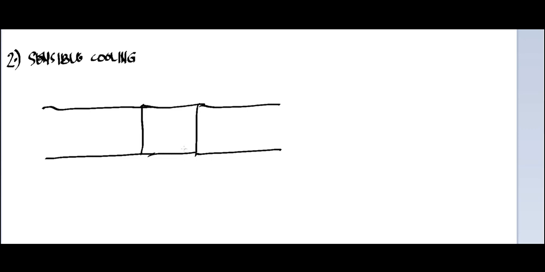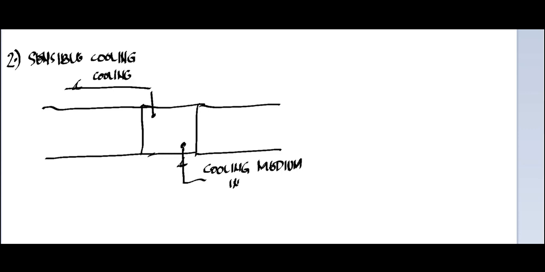So we have your cooling medium in, then we have your cooling medium out.